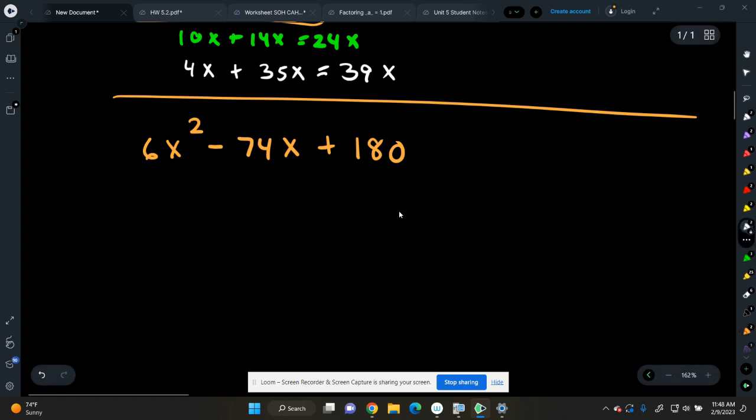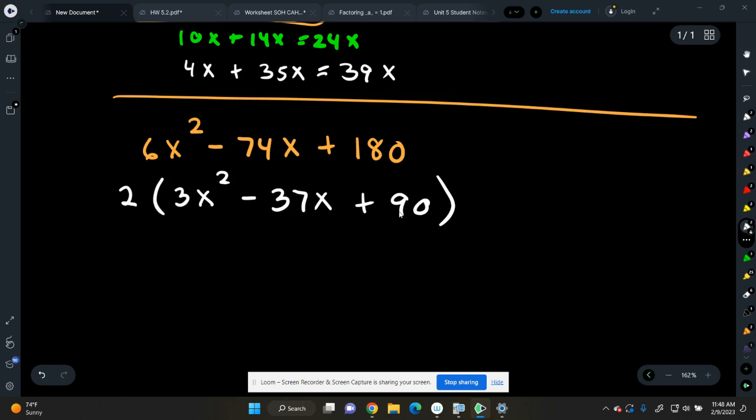What is the greatest common factor? 2. I don't think 6 goes into 74. So we have 3x squared minus 37x plus 90. You take that greatest common factor out first. Now we're ready to factor what's left inside the parenthesis.